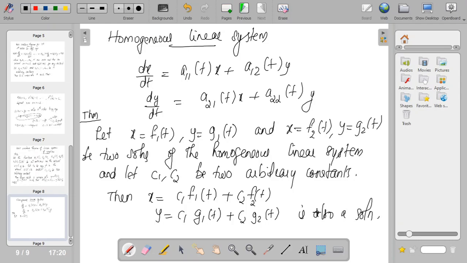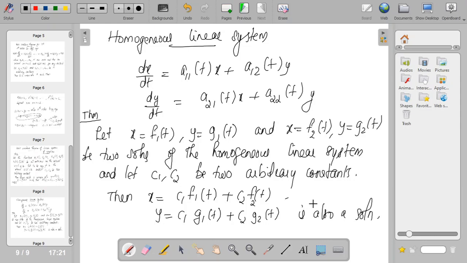So that is the analogous theorem in the case of linear system. So if you have two pairs of solutions, the solutions f1 g1 and f2 g2 for a homogeneous system, then x equal to c1 f1 plus c2 f2 and y equal to c1 g1 plus c2 g2 will also be a solution of the homogeneous system.